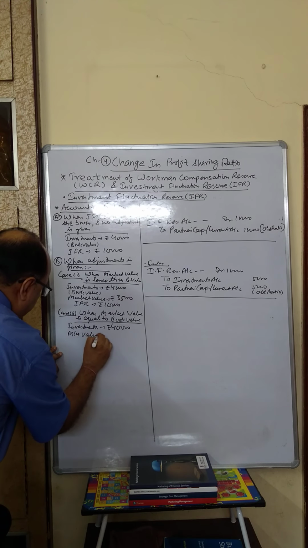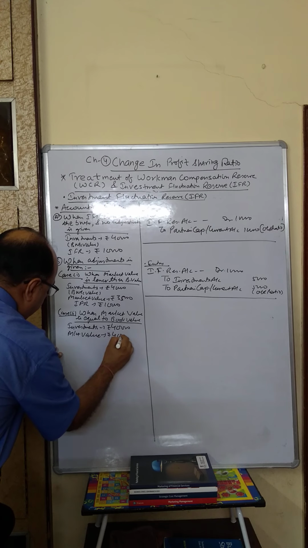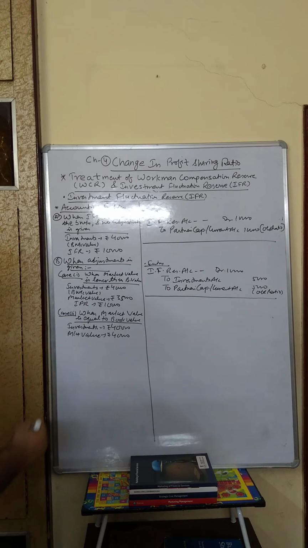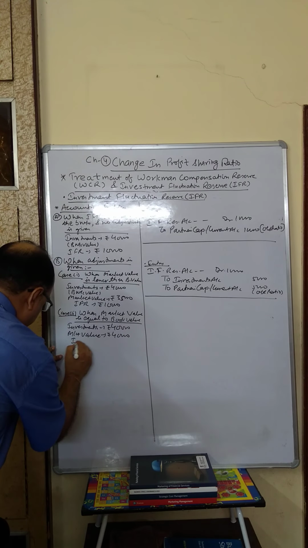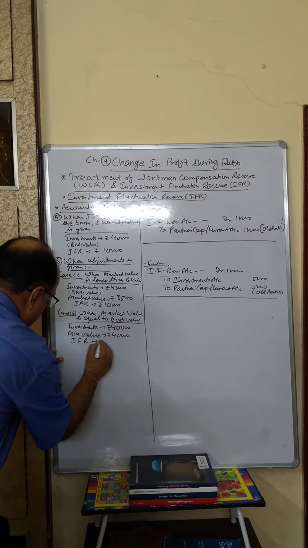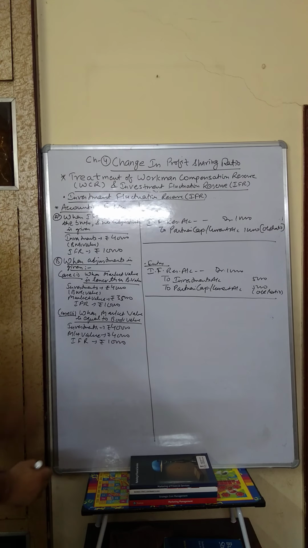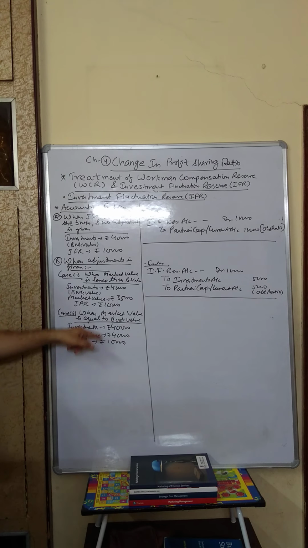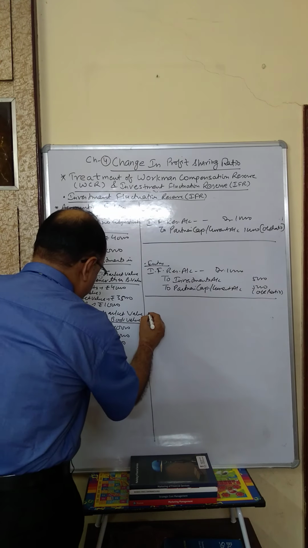Market value is given rupees 40,000. IFR you have created 10,000. So book value and market value are the same, and IFR will simply be distributed between the partners.